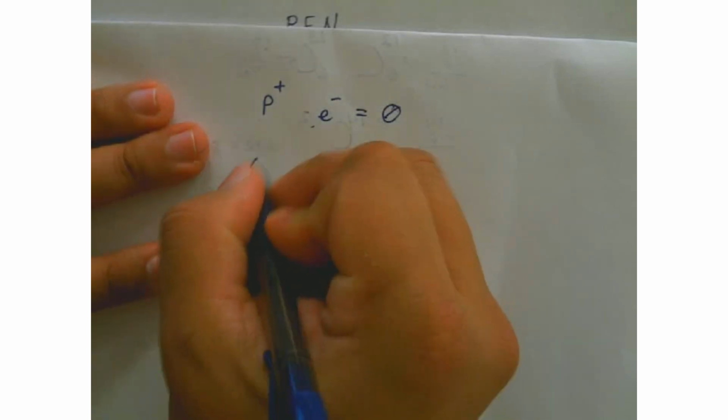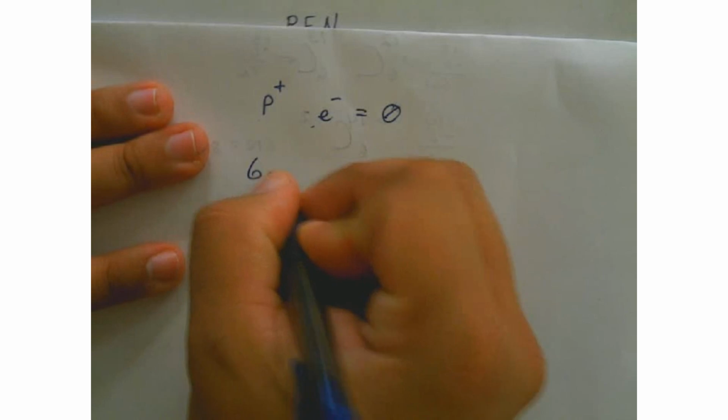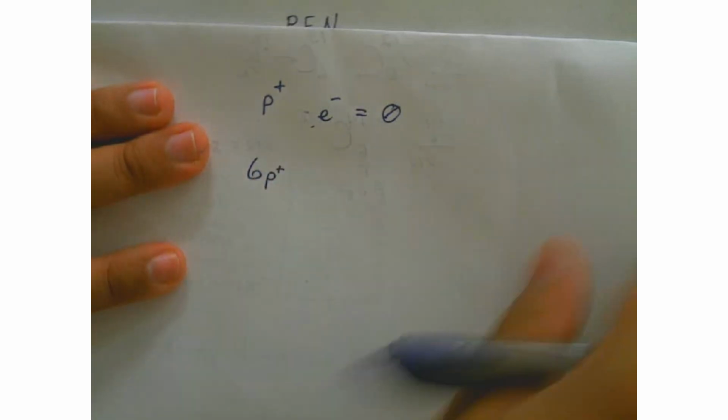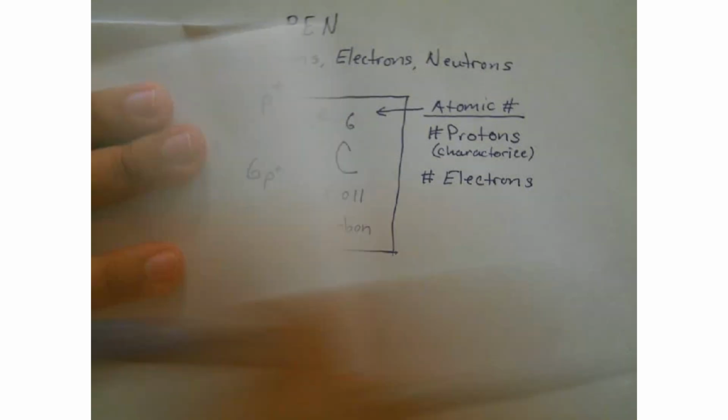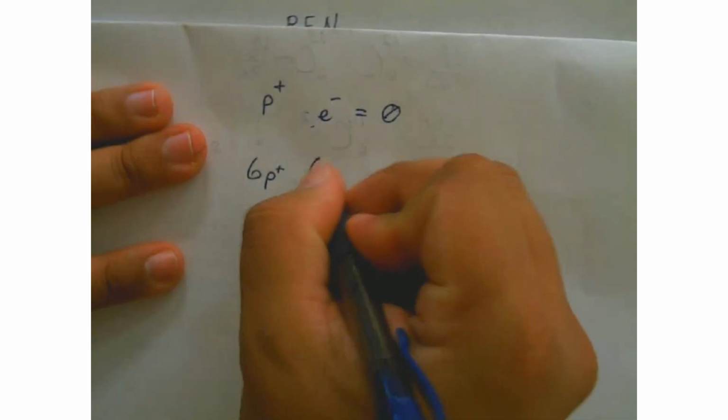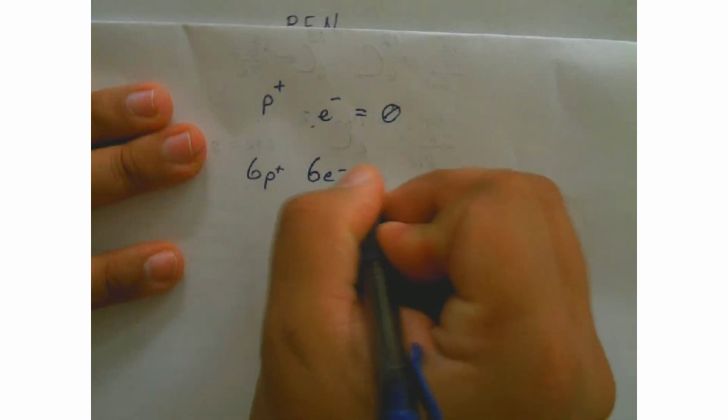So let's look at carbon, for example. Carbon has 6 positive protons. And if we look at that atomic number, because we just said that 6 should also be the number of electrons, we have 6 negative electrons. So all the positives cancel out all the negatives.